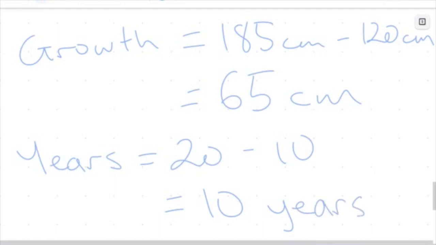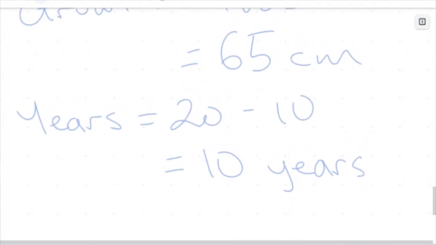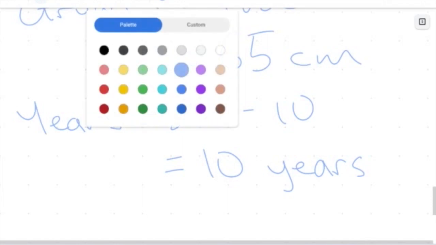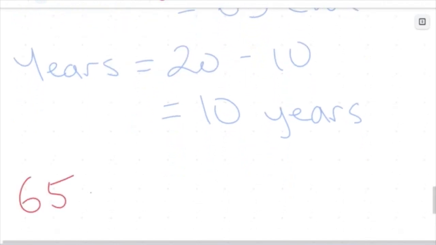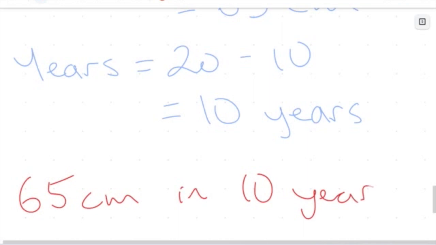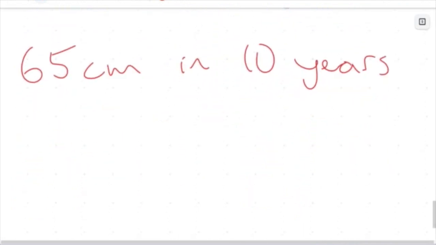Now, let's just write down how much Tom has grown. So he has grown 65 centimeters in 10 years. Now, we want to find this as a rate and as a simplified average rate.